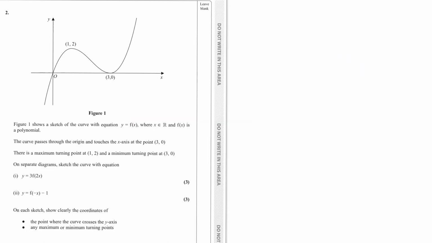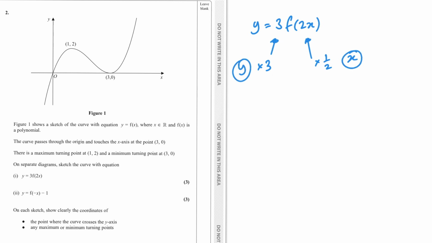So the first one we're looking at here is sketching 3f of 2x. When I'm looking at this, the 3 is going to stretch my y values by a factor of 3, and the 2 inside is going to stretch my x values by a factor of a half. So that's affecting the x, and this one's affecting the y. Now, the shape of the graph will look the same.